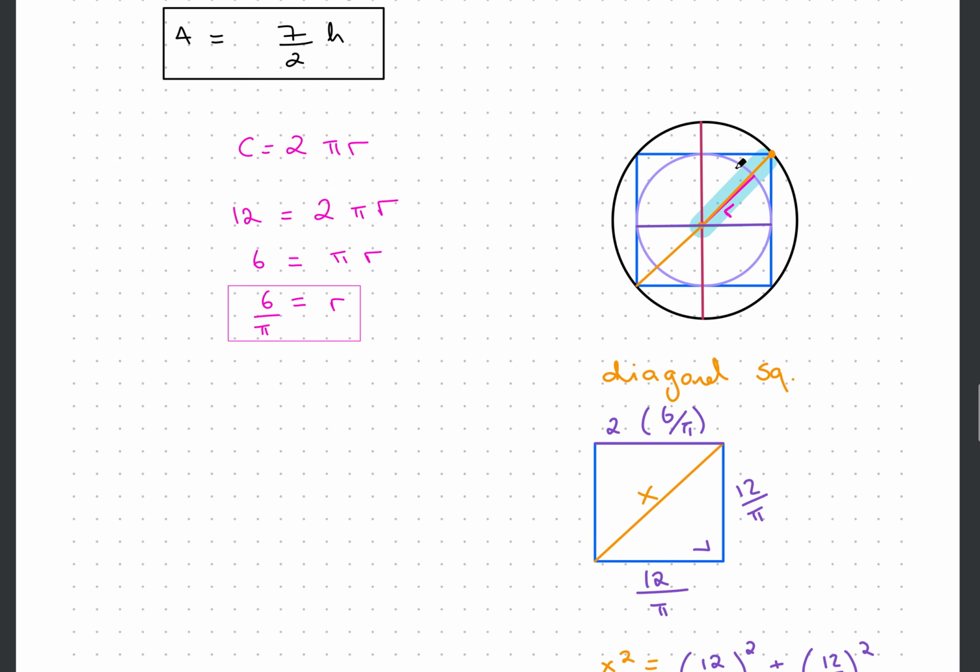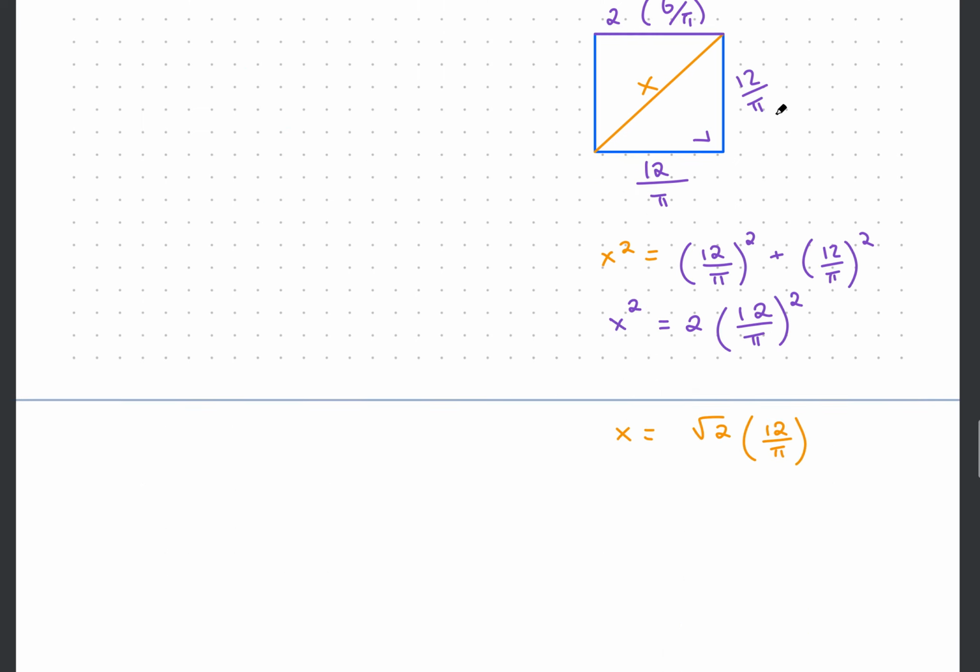I'm doing that because I wanted to find the radius of the larger circle, and that's then going to give me, if I divide it by 2, x over 2, x over 2 is equal to root 2 over 2 by 12 over pi.